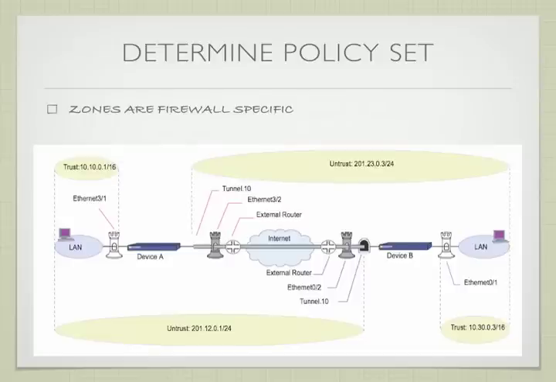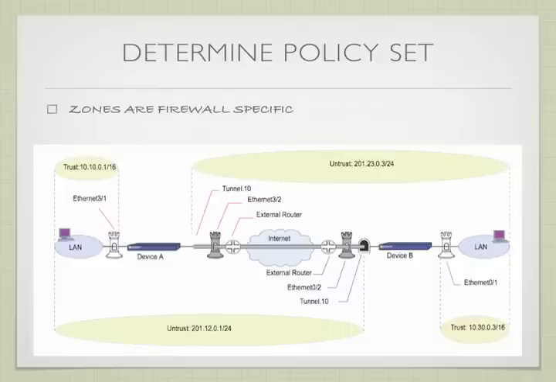And these are the address objects that you're going to create for this policy. So you need to look at your local and remote network, assign zones, in this case trust and untrust, and then create your address objects in what you're going to need to have for the policy.